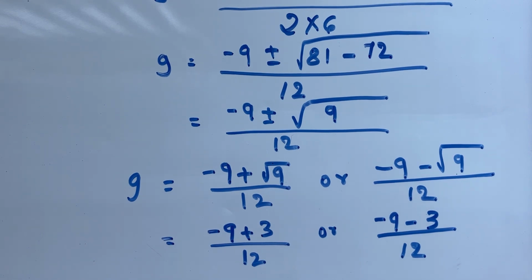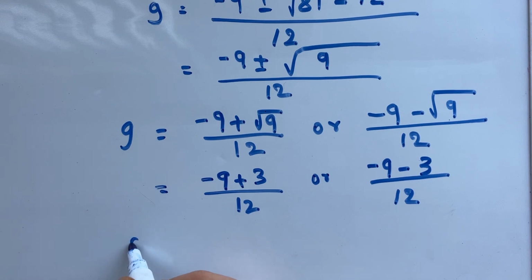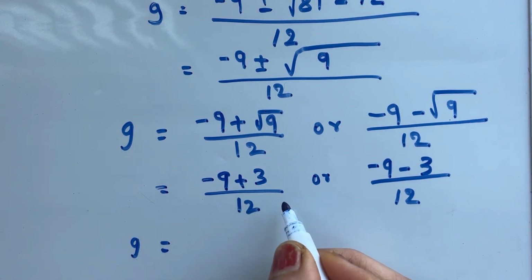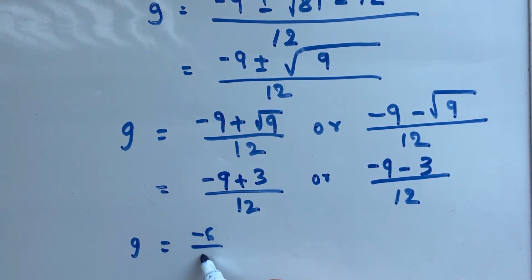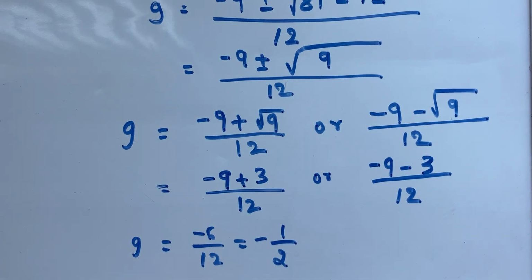Minus 9 plus 3, what is minus 9 plus 3? Minus 9 plus 3 is minus 6 divided by 12, or negative 6 divided by 12, which is nothing but negative half.